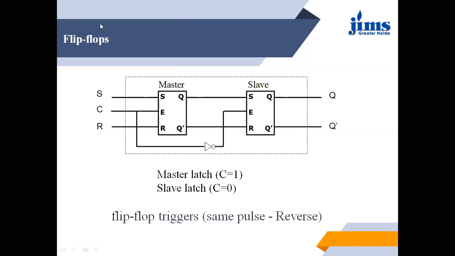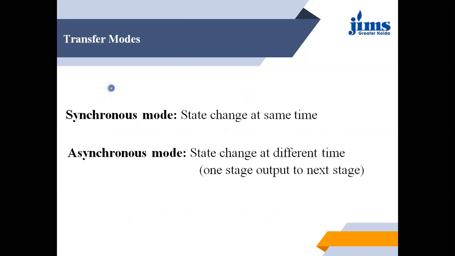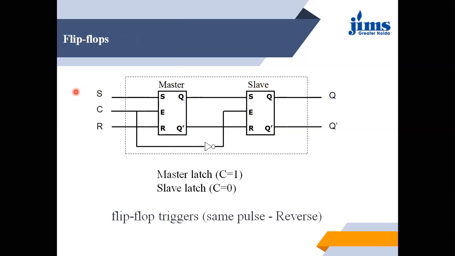Now let me check what is next. Okay, next is transfer mode. There are two types of transfer modes. As I told you, the control signal, that is the clock, changes the value of the flip-flop based on the clock.